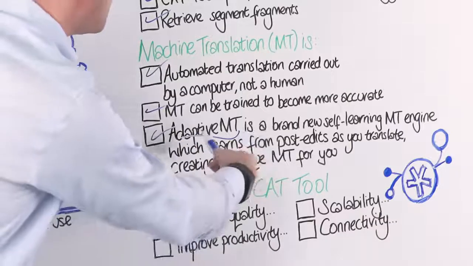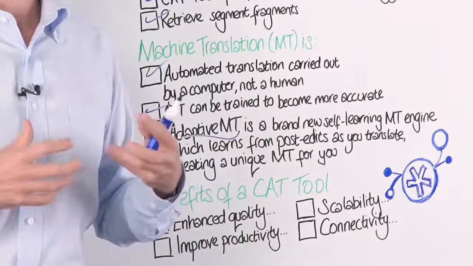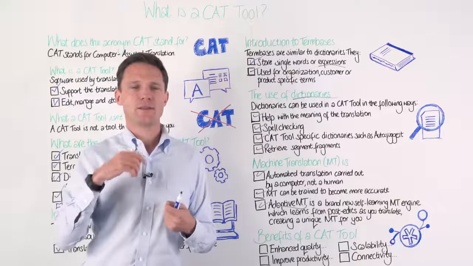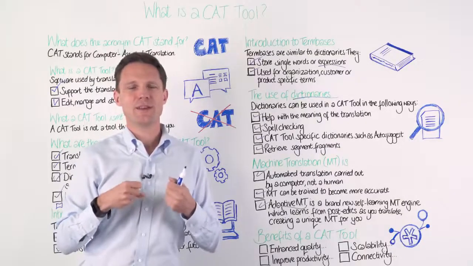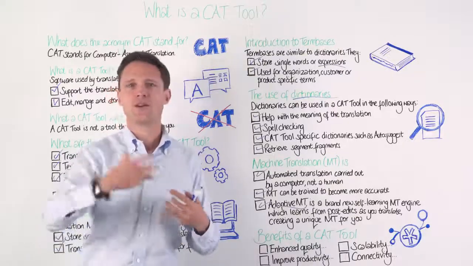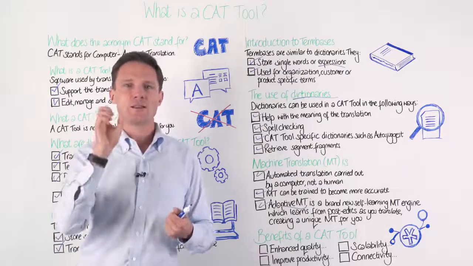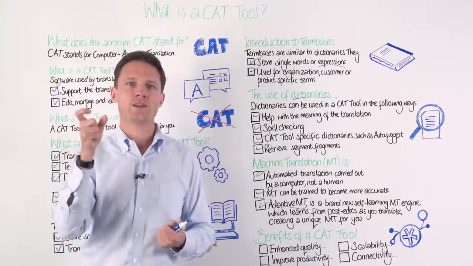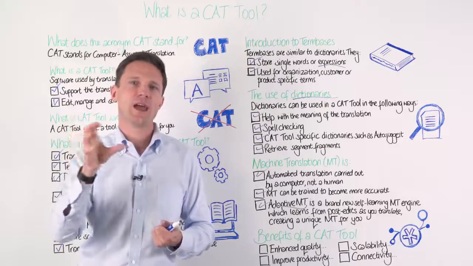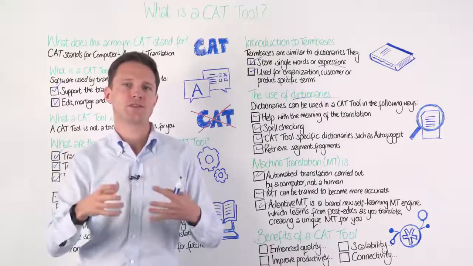But there's now newer technology, adaptive NT, that's easier to use. It's instant. It's not an extra task, but as you translate and you are connecting to machine translation, that machine translation can learn some of your specific ways of saying things. And so that improves the quality of the machine translation results.